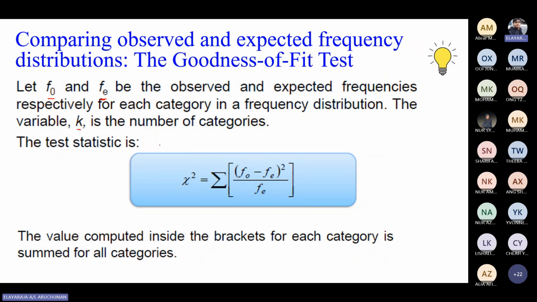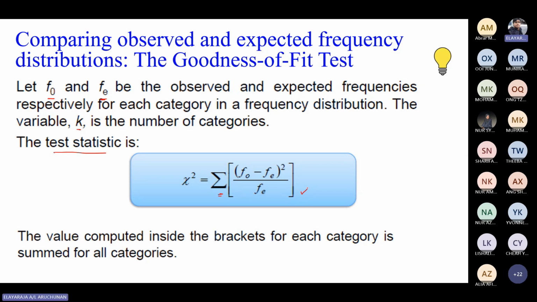Usually, as in the previous tests, the Z statistic and so on, here K is the number of categories. The test statistic is denoted chi-square equals the sum of, in brackets, F naught, the observed frequency, minus FE, the expected frequency, all squared over the expected frequency. Then you can find the chi-square value.